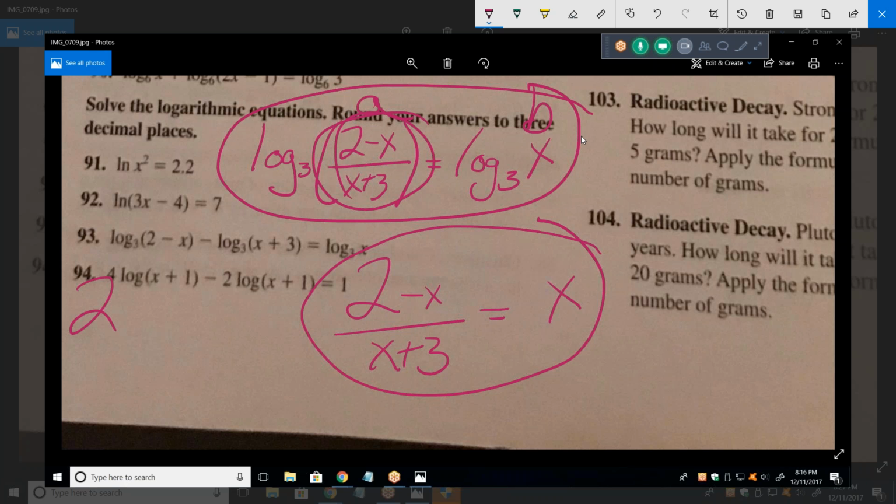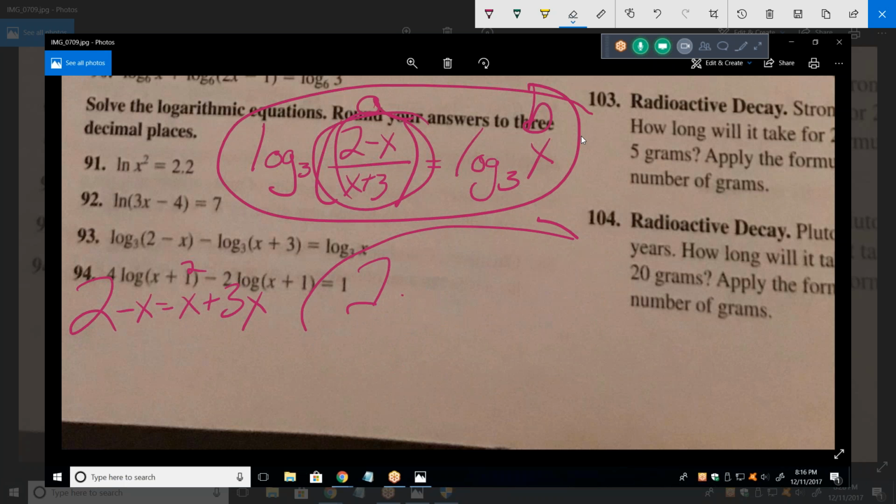Okay, so now I got 2 minus x equals x times (x plus 3), which is x squared plus 3x. I'll solve that. And then we could subtract 3x, so 2 minus 4x is equal to x squared.